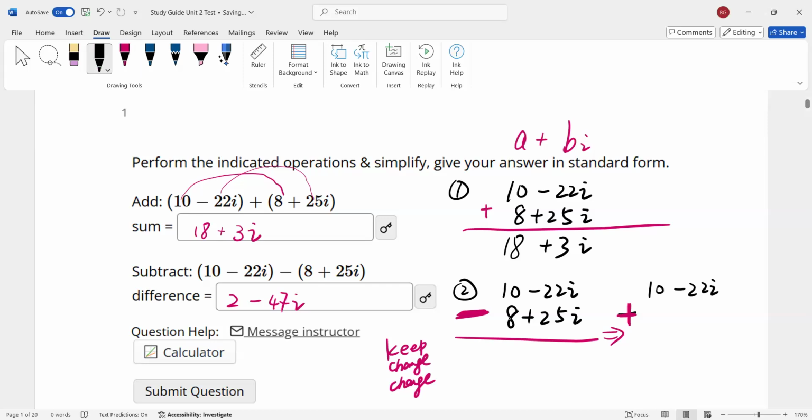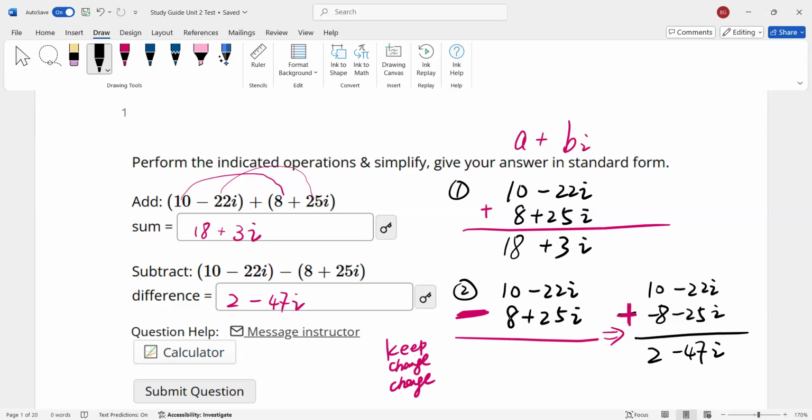The opposite of a is negative a. The opposite of 25 is negative 25. Copy i. And then we add 10 plus negative 8, 2. Negative 22 plus negative 25, negative 47. Some people prefer this method, even though they do have to take care of keep change. They like adding things vertically because everything is very well aligned.